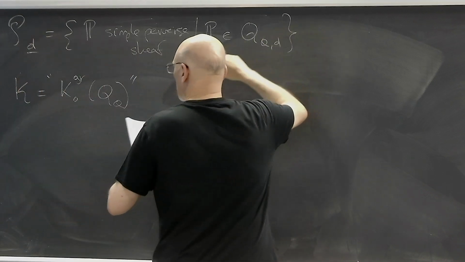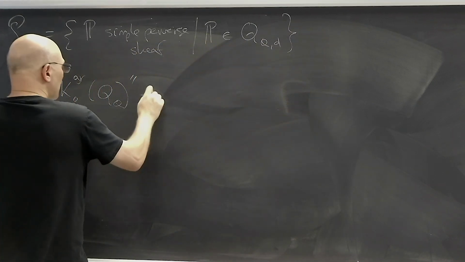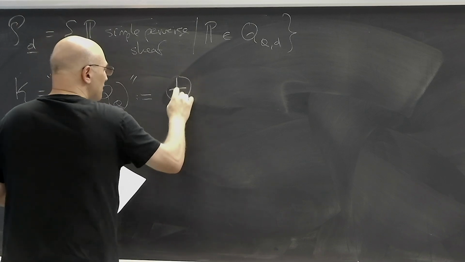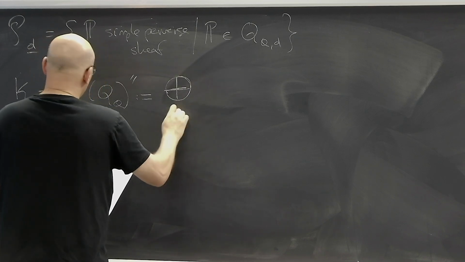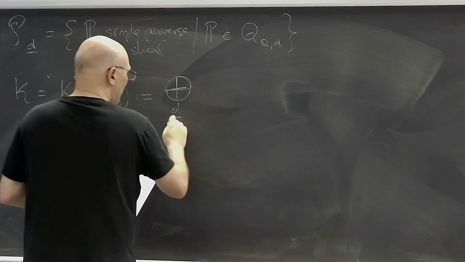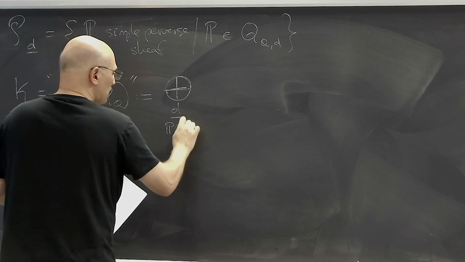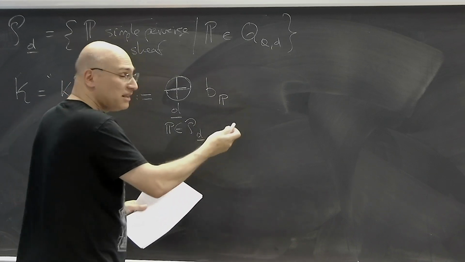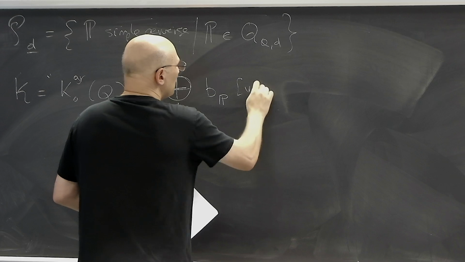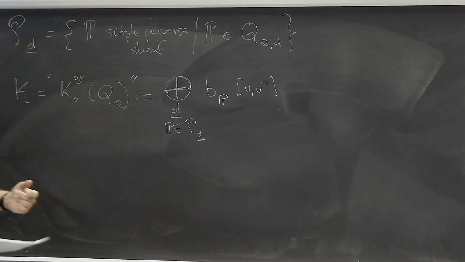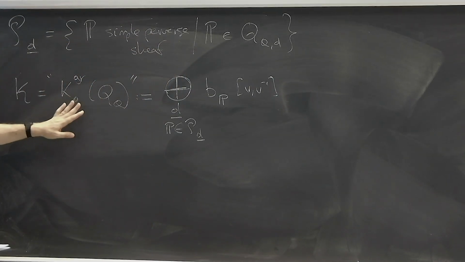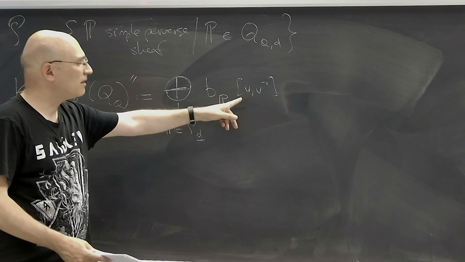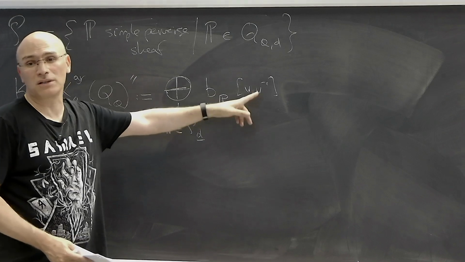Yeah, and this is PD, okay? And this is, by definition, the direct sum over all D and P in PD of, let's just denote it like this, BP, just a symbol, V minus 1. So you should think that this looks like the Grothendieck group, except that in the Grothendieck group I would have to put V equals, say, minus 1.